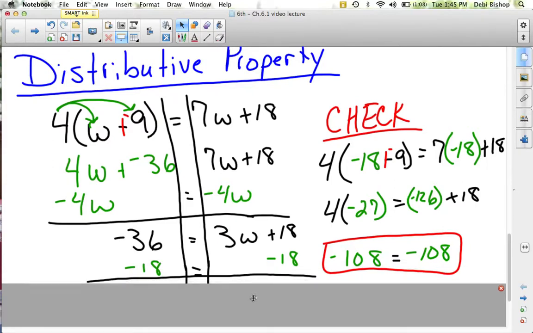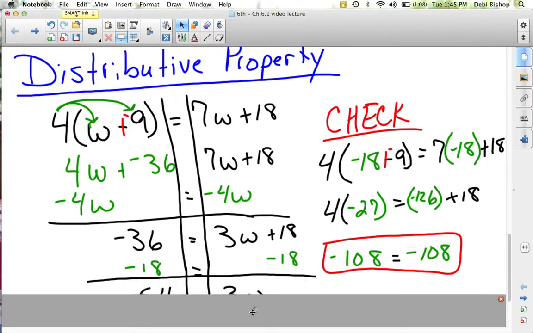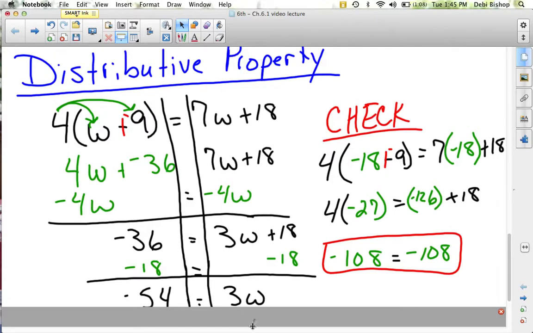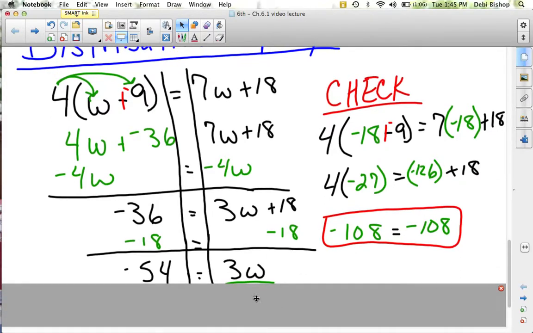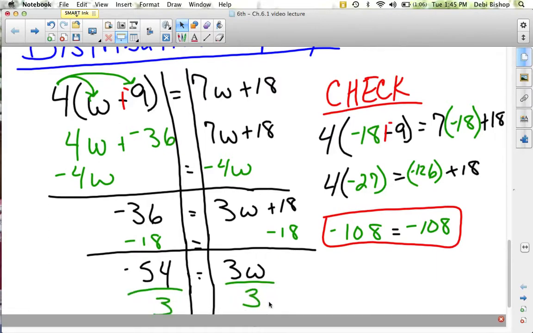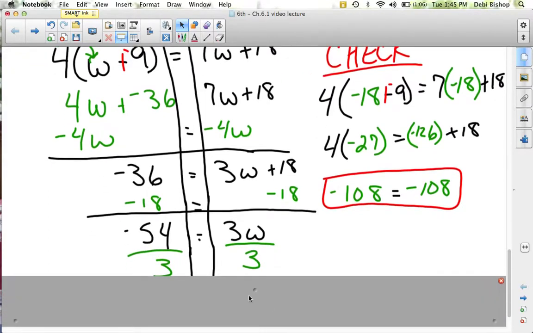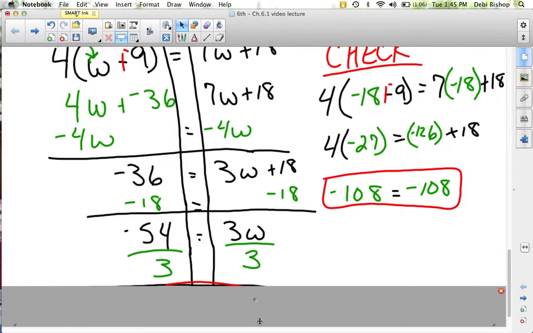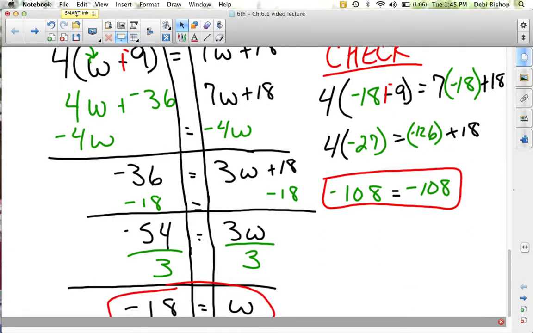Integers, add negative 18 to both sides. You have negative 54 equals 3w. Isolate your w by dividing by 3. And you find that w equals negative 18. And check your work.